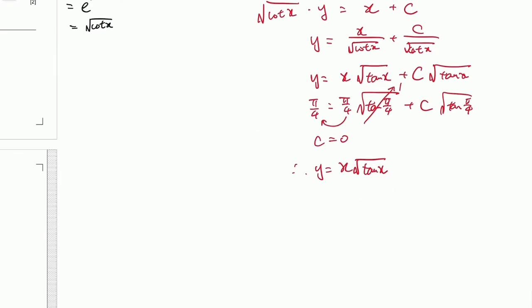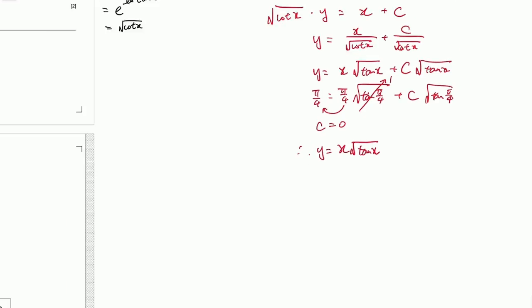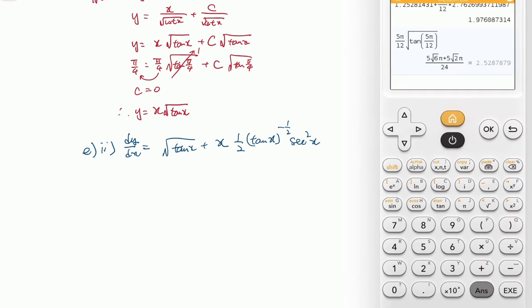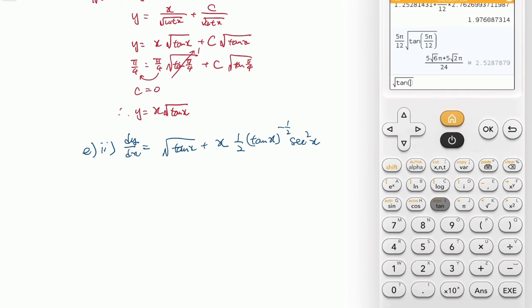Maybe not. Maybe we should actually differentiate this. What happens if we differentiate this? So it's product rule. We differentiate the first thing, get 1, copy the second, plus copy the first, differentiate the second, so it's half tangent to the negative half times differentiate tangent, that's secant square. And then I guess I would try to plug in 5 pi over 12, see what would happen.